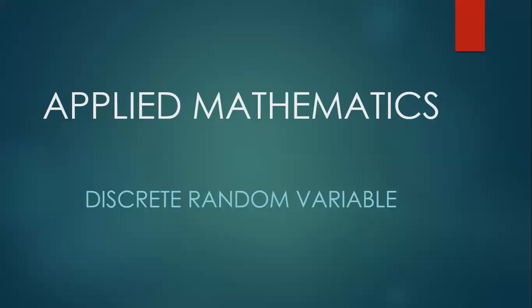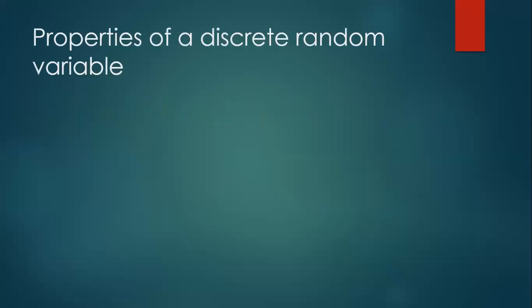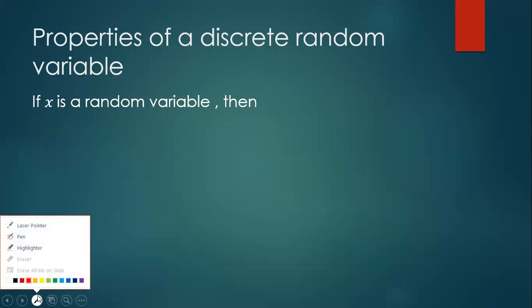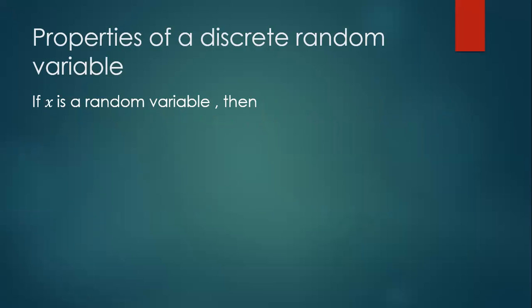So we are looking at applied mathematics. So we are beginning with properties of a discrete random variable, which are a key aspect of this lesson. So we are saying if X is a random variable, as we have said in the beginning, then we have summation.